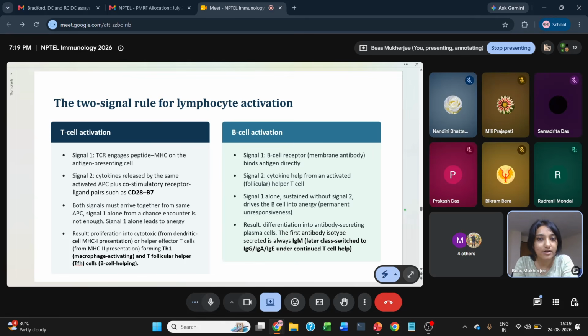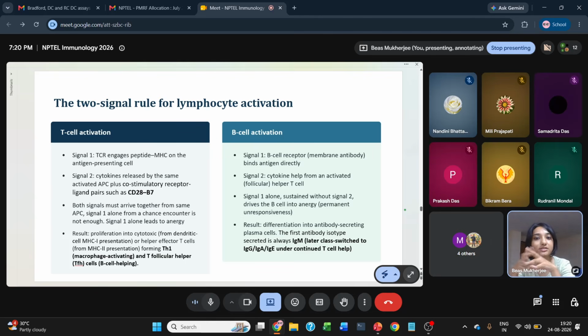So B cell receptor, which is membrane antibody, binds to the antigen directly, and the second signal is cytokine help from an activated follicular helper T cell, TFH. Both of these have to happen, plus of course your co-receptors will also play a role there.